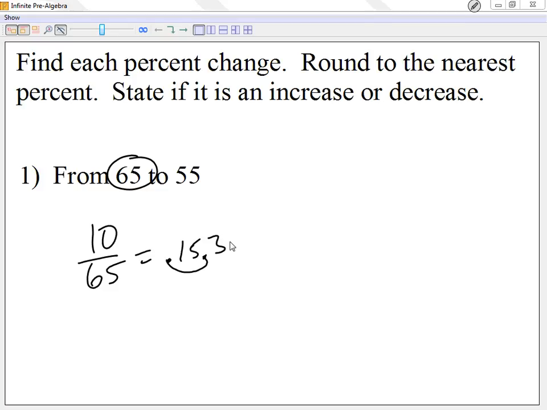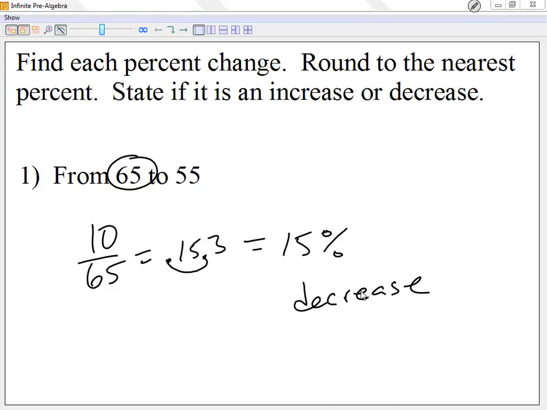Remember, what I call big enough is 5 or more. Because it's not big enough, I'm just going to ignore it, and I'm going to call this 15%. If the number after the decimal was 5 or more, then I would have called it 16%. Like I said, 3 is low and it's not big enough, so 15%, in this case, I'm going to call this decrease.